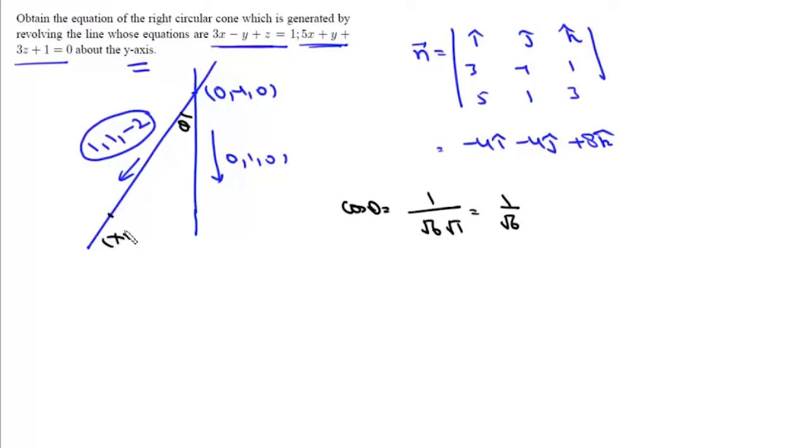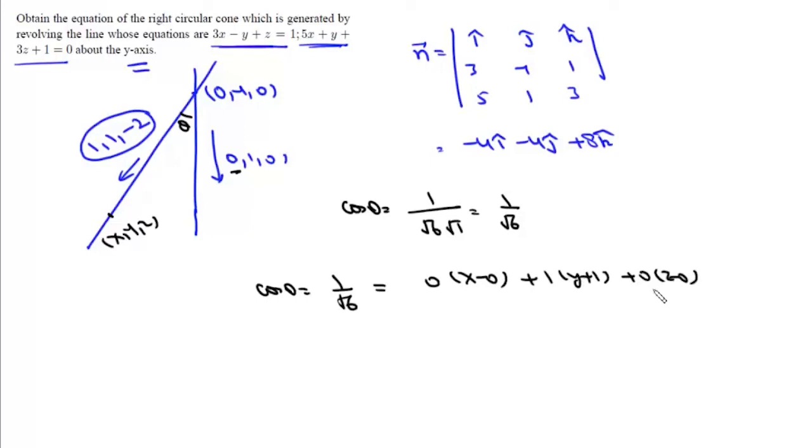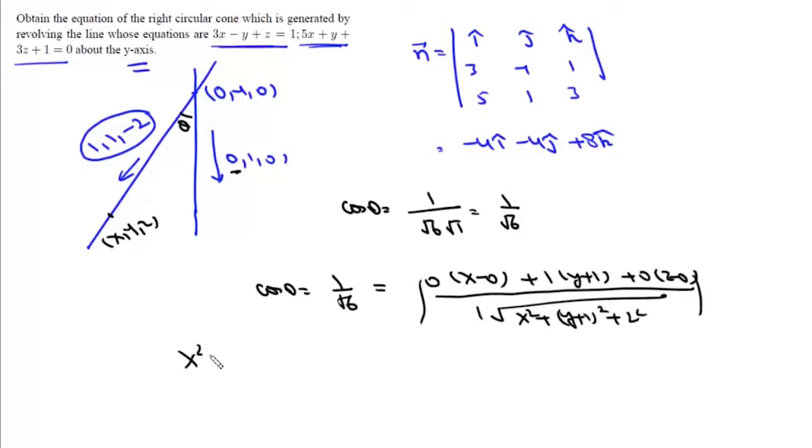Now we take any general point x, y and z, we can write cos theta, which is 1 by root 6, as 0 into x minus 0 plus 1 into (y plus 1) plus 0 into (z minus 0) upon, now this is 1 and this is under root of x square plus (y plus 1) whole square plus z square. Now we square it, we can write x square plus (y plus 1) whole square plus z square will be equal to 6 (y plus 1) whole square, and that is the answer to this question.